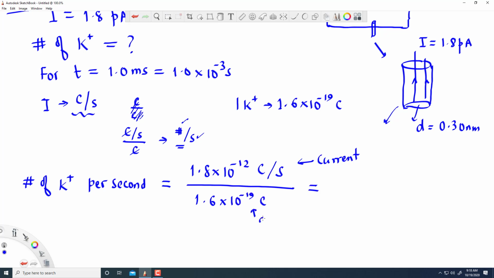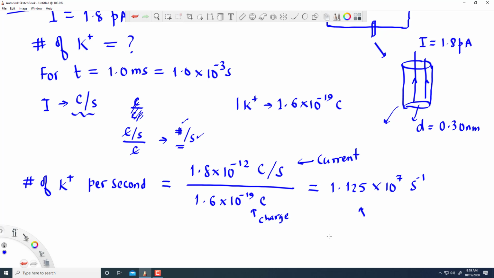This is the charge. That means if we do that math, we get 1.125 times 10 to 7 per second. So, that is the number of potassium ions that is flowing through the channel per second.